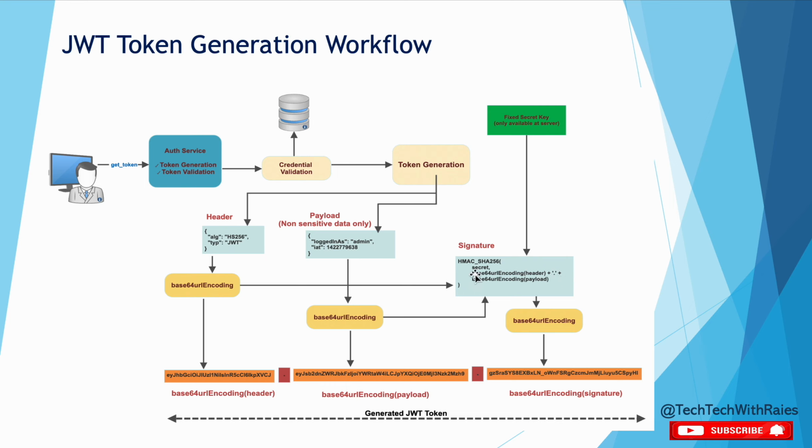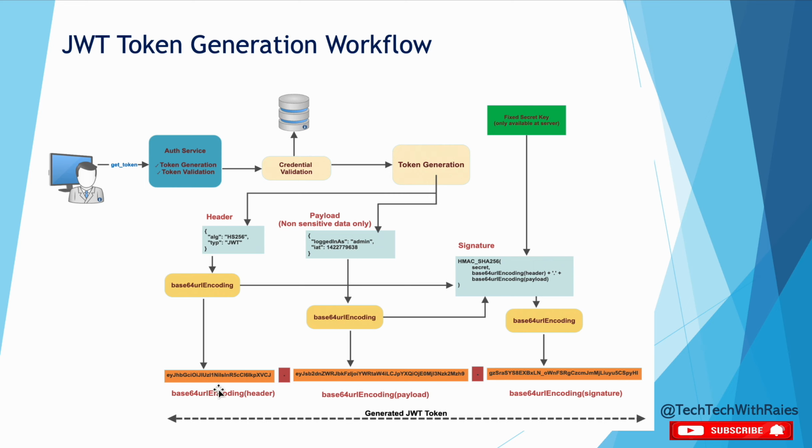So this whole part, the base64 URL encoding of the header plus dot plus the payload encoding, will be supplied here, and this will be signed with this secret key, and the hash will be generated. Whatever hash is generated will be passed to a base64 URL encoding function, and whatever random text we get, this is our base64 URL encoding of the signature.